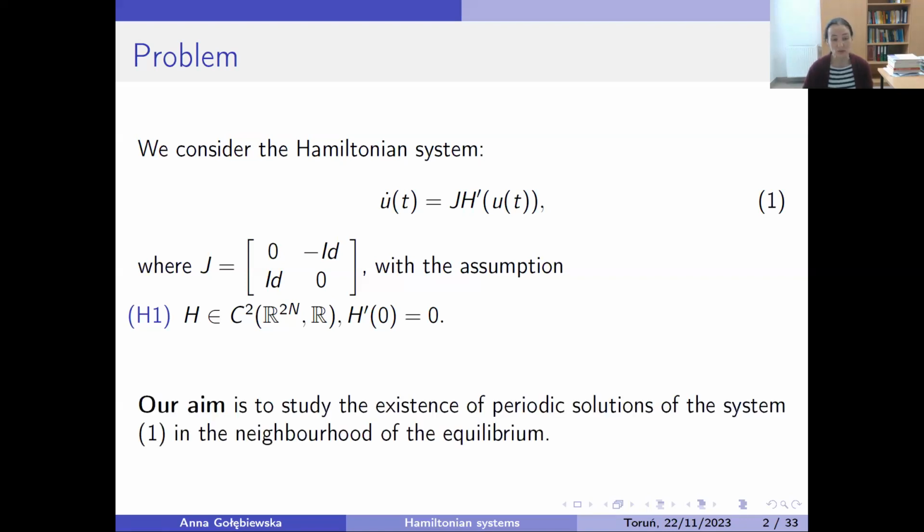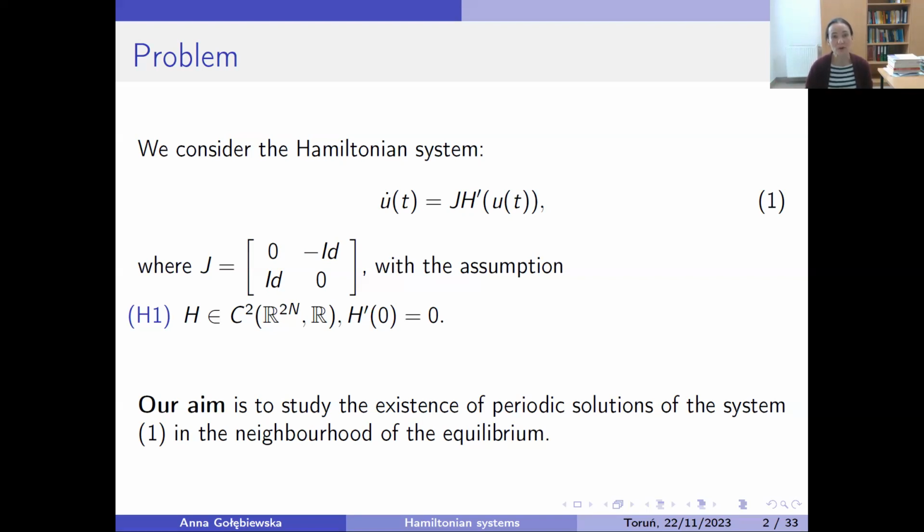And the question we want to answer is if there exist any other solutions in the neighborhood of this known one, but we're looking not for arbitrary solutions, but we want to study the existence of periodic solutions in the neighborhood of this given one. Why periodic?